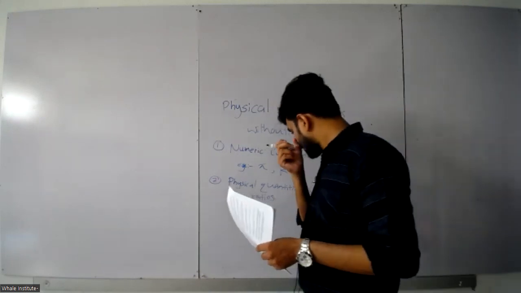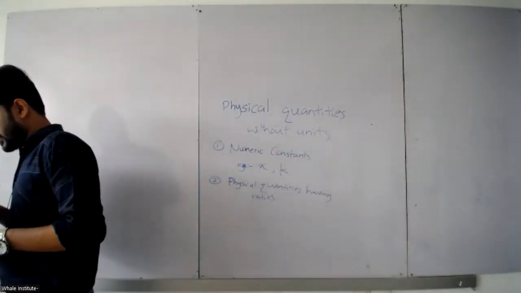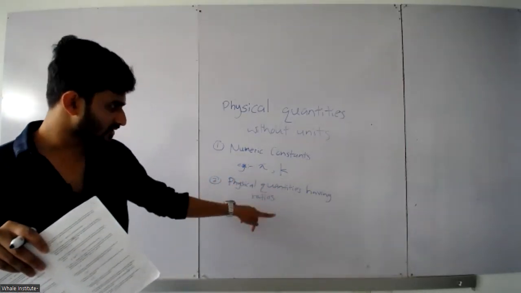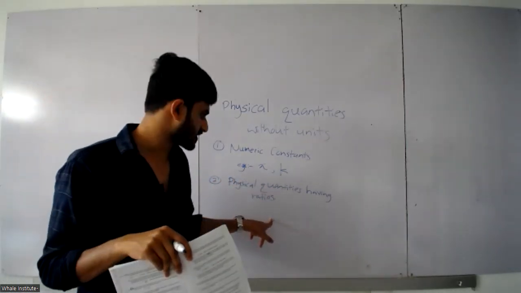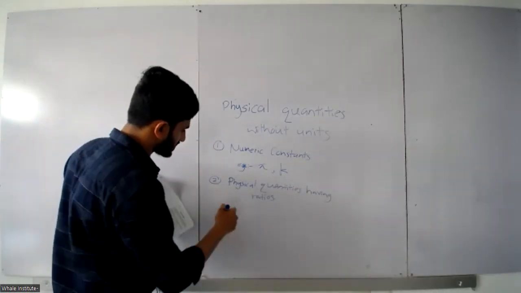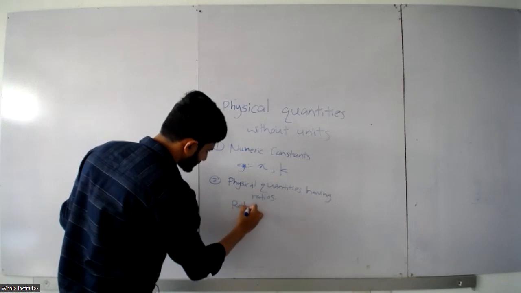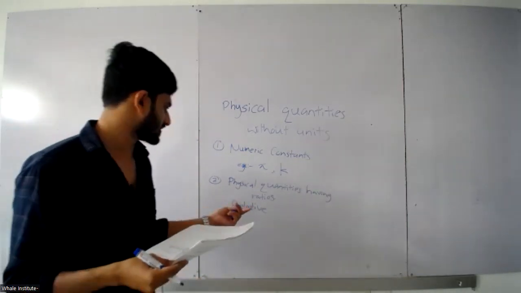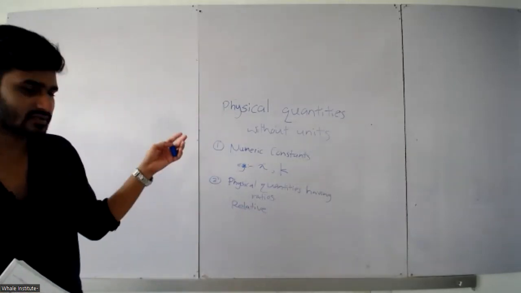When getting a ratio, we normally divide some quantity by another quantity having the same dimension. That's how a ratio is formed. As an example, relative density: all the things having the name relative means you are getting some ratio.